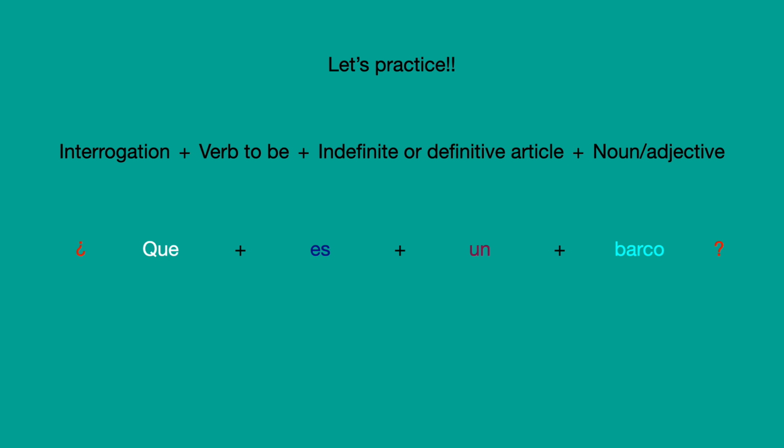Try to do 10 questions and see if you can practice with each interrogation word. So this is the end of this lesson. Hopefully you will be able to master how to use the interrogation words and how to build some interrogation phrases as well.